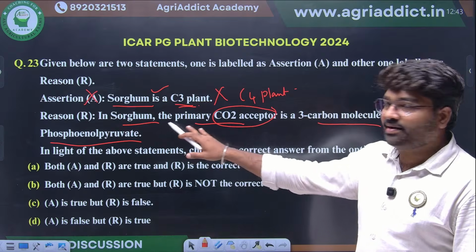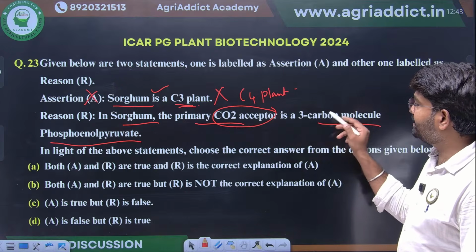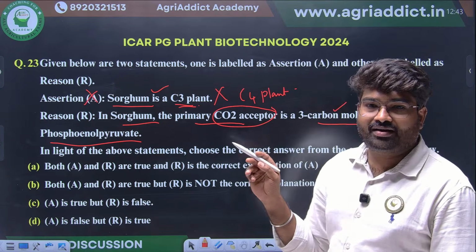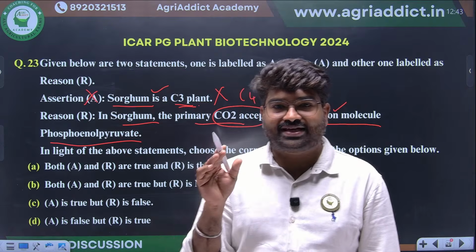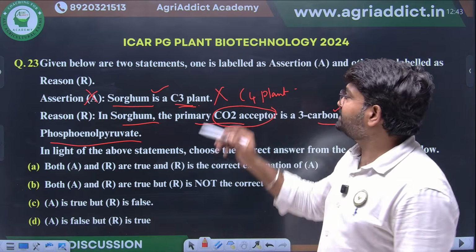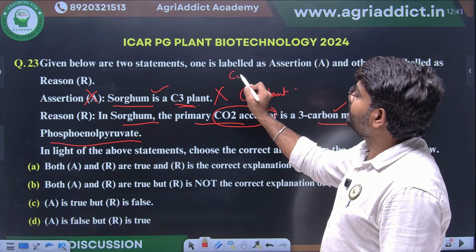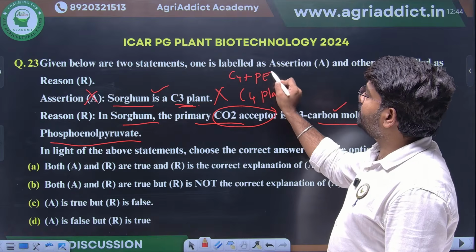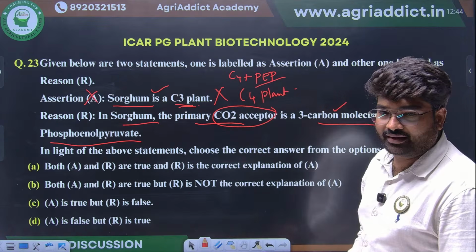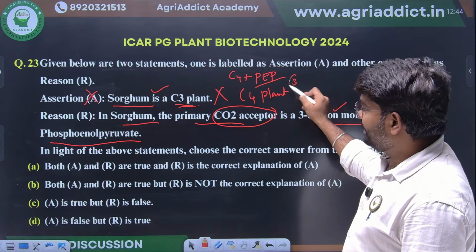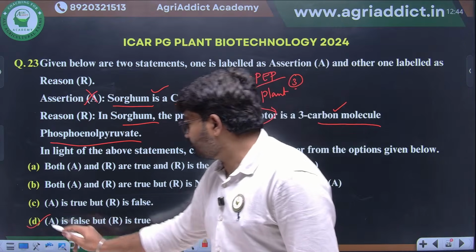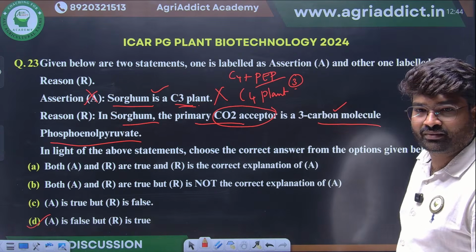The reason says that in sorghum, the primary CO2 acceptor is a 3-carbon molecule, phosphoenol pyruvate. In the C4 pathway, the first carbon acceptor is phosphoenol pyruvate, a 3-carbon molecule. So the assertion is false, but the reason is true.